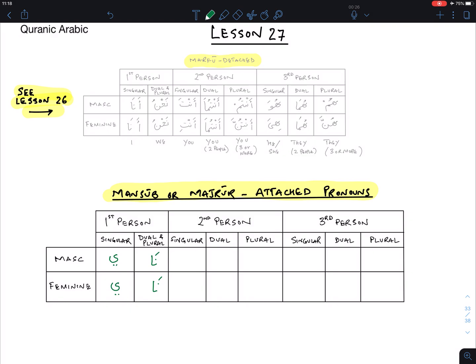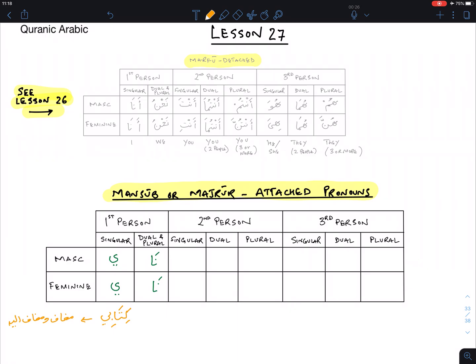It's kitabi. So we had the ba, and then we add the ya to it, kitabi. That's telling us it's mudaf ilayh condition. This is mudaf and mudaf ilayh.